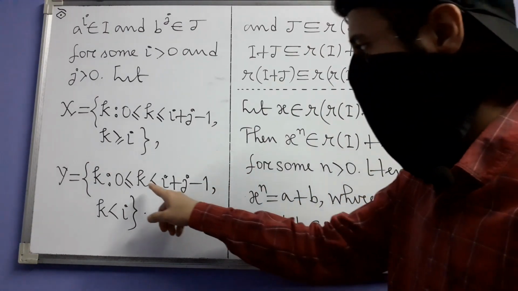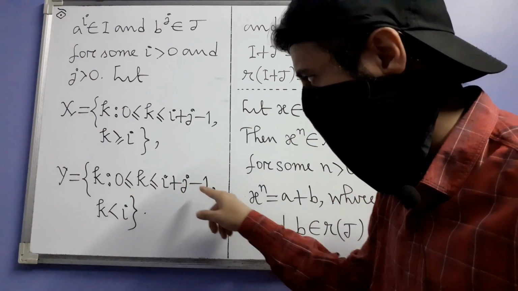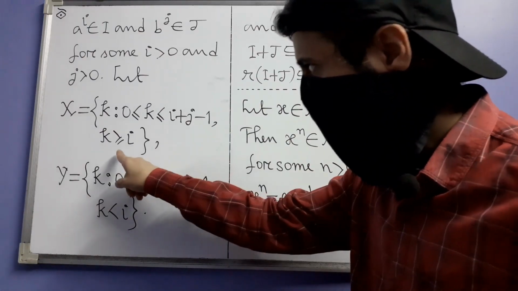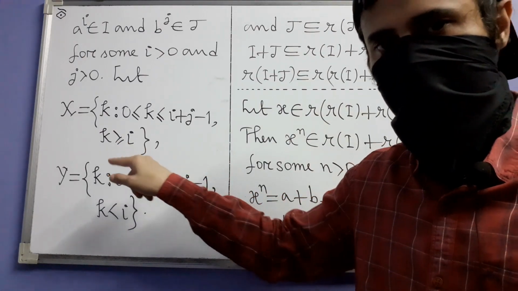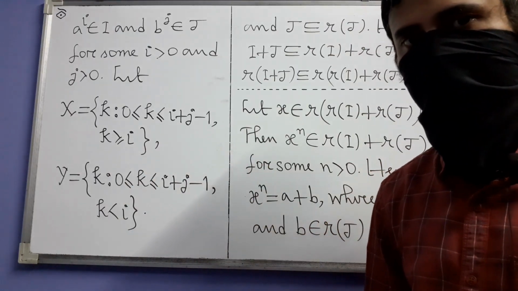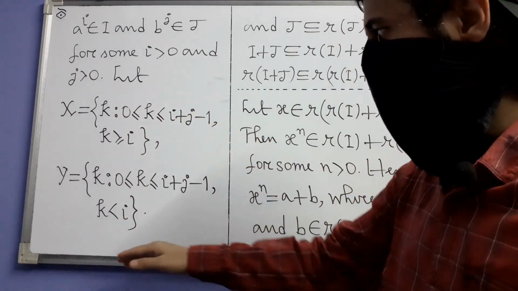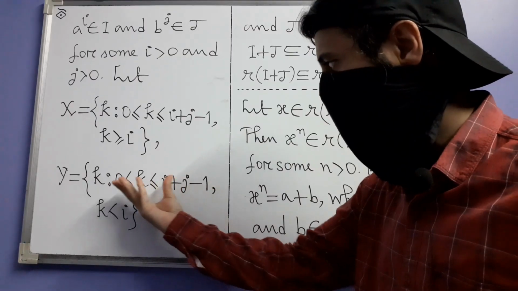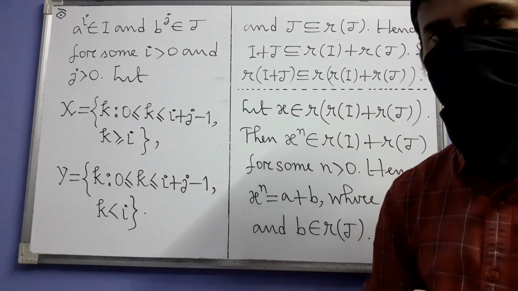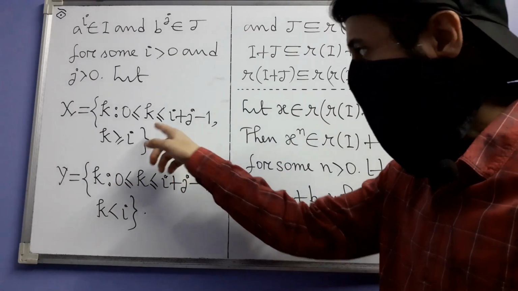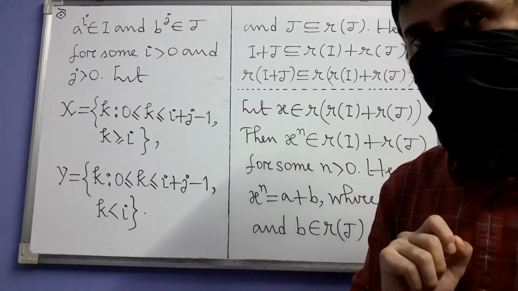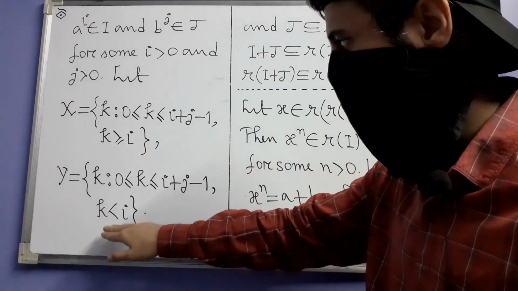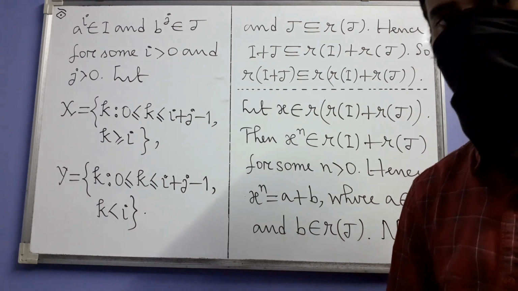Why? Because you take any k in this range, either k is greater than or equal to i or k is less than i, and as such the union of x and y is the set of all integers in this range. And x and y are disjoint also, because no k can simultaneously satisfy these two inequalities.